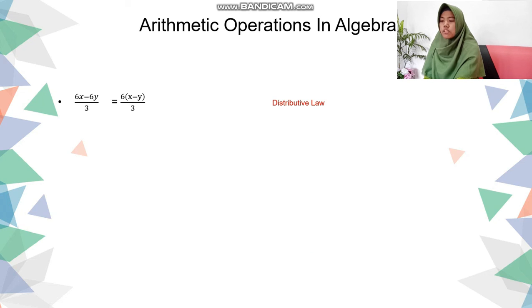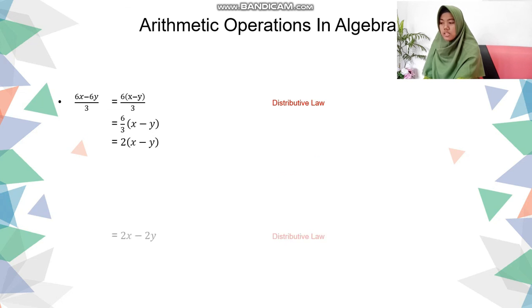This is where we use the distributive law, equals 6 divided by 3 times (x minus y), which is equal to 2 (x minus y).